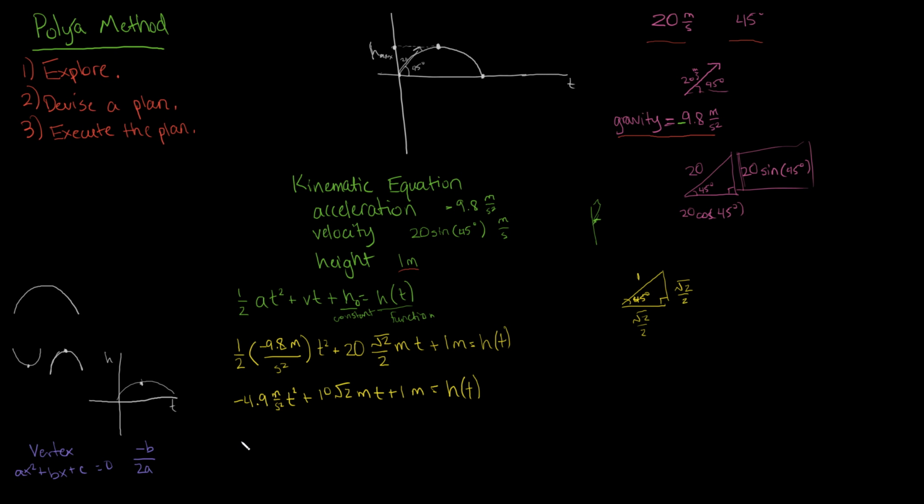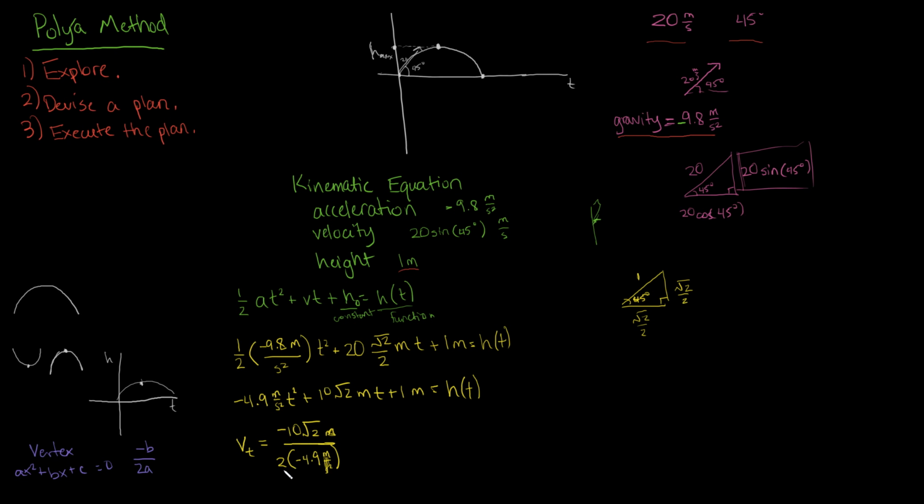So the vertex, the vertex of time, equals negative 10 root 2 divided by 2 times our a value of negative 4.9 meters per second squared. We won't consider units now. We know that this will be evaluating to seconds.